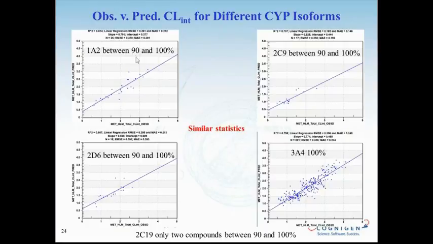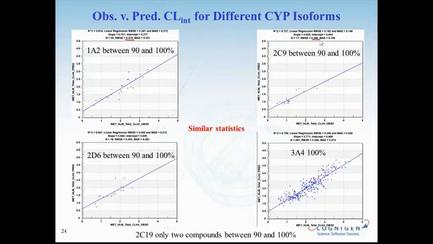And what you can see is, I know this is a little bit small, but the overall model RMSE was about 0.356. If you look at compounds that are predicted to be cleared primarily by 1A2, the root mean square error is 0.37.